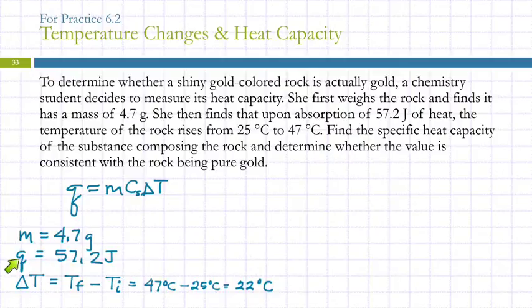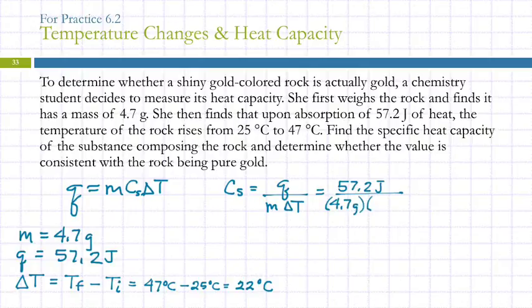So here we've got delta T, we've got Q, we've got M. They're asking us for the specific heat capacity. That's this C sub S. So we rearrange the equation. C sub S equals Q divided by M times delta T. I just divided both sides by M and delta T. So Q is 57.2 joules, divided by the mass, 4.7 grams, and the temperature change, 22 degrees Celsius.